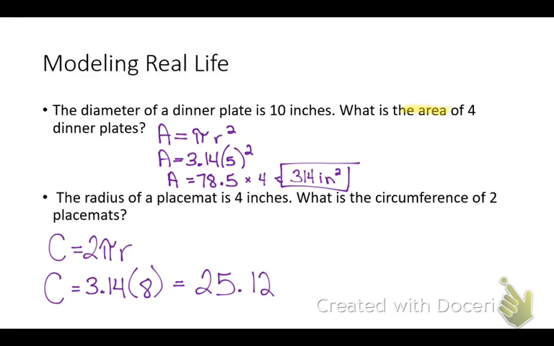But that's only 1 placemat, so what do I need to do? Multiply it by 2 to get 50.24 inches. Wait, is it inches? Circumference.